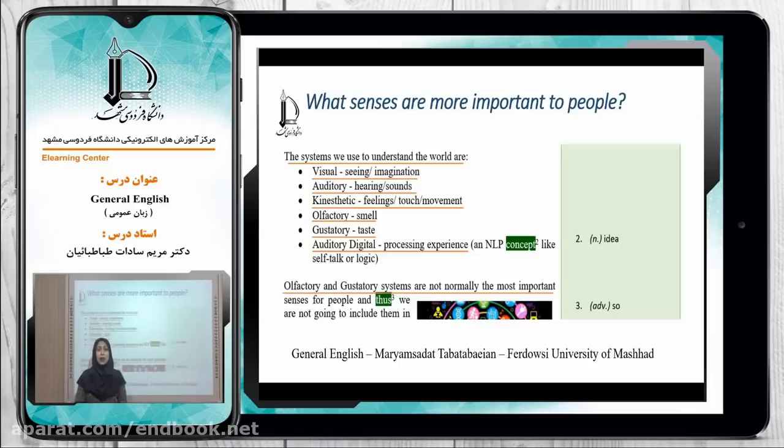It says, olfactory and gustatory systems are not normally the most important ones. So, if olfactory and gustatory are not the most important ones, then the other four are the important ones. What are they again? Yes, visual, auditory, kinesthetic, and auditory digital. Great.